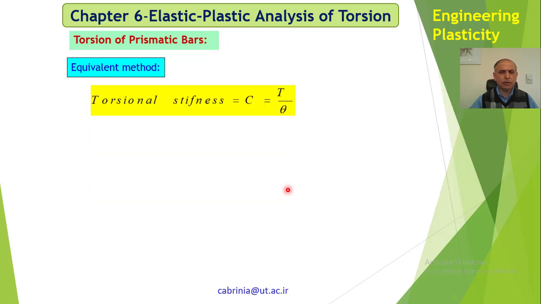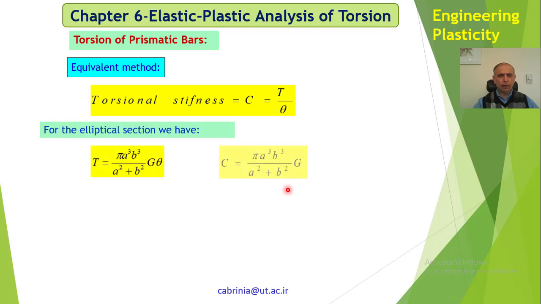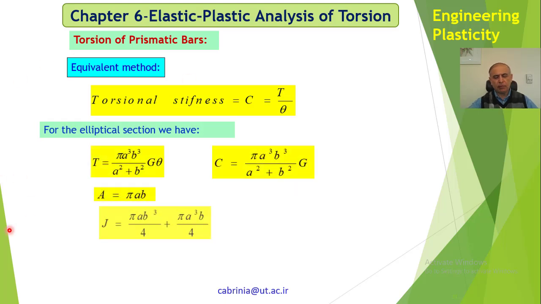Now we can use this equivalent method. We have something defined as torsional stiffness. C is equal to T, which is the torsional torque, divided by theta, the torsional angle. Now for the elliptical section that we have just solved previously, we had this torque equal to that. Therefore, T divided by theta is this part.